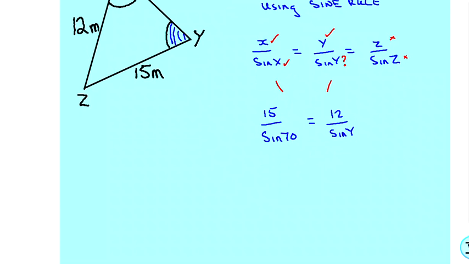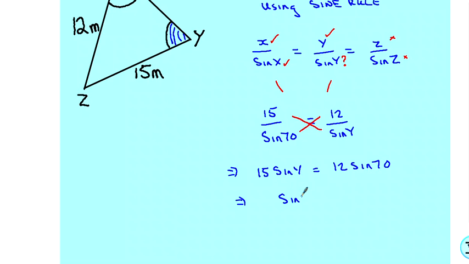Remember the cross multiplying technique again. What we're going to put on the left hand side of the equation is our unknown, so I'm going to do the 15 sine y first. So 15 sine y equals 12 sine 70.